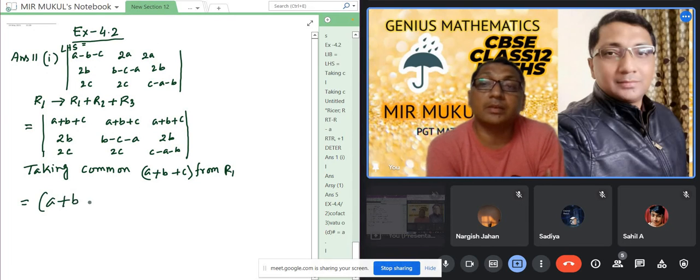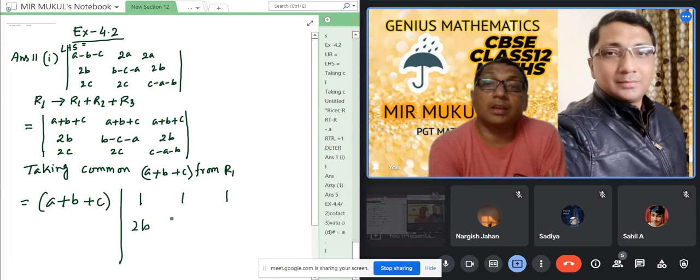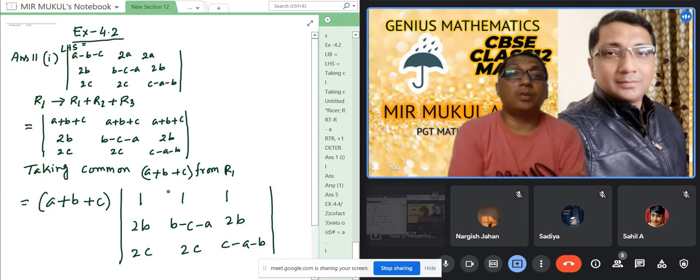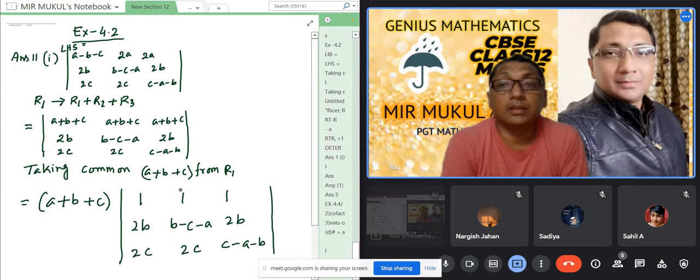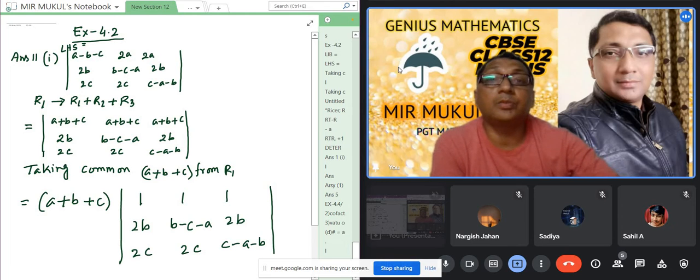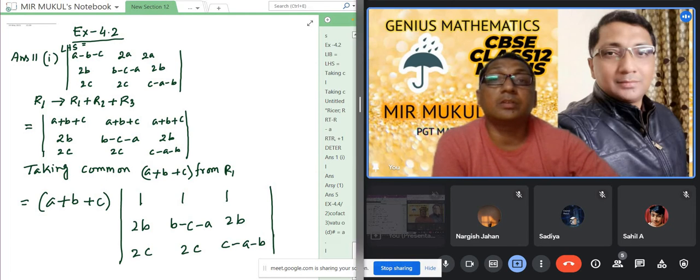A plus B plus C outside, then here 1, 1, 1, then 2B, B minus C minus A, 2B, 2C, 2C, C minus A minus B. Now if in any row all elements are 1, then make zeros below it. Then you will observe the other two factors will also be common.